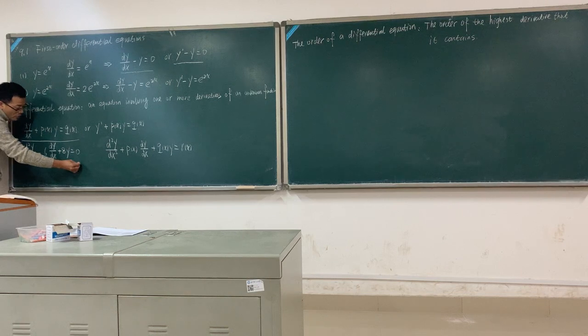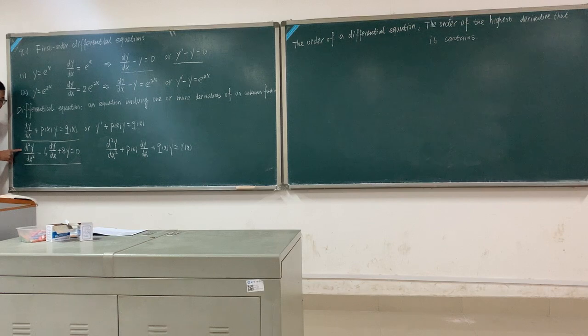And for the second, the highest derivative is the second order derivative, because here is the first order derivative and here is the second order derivative. So the order of this equation is 2.